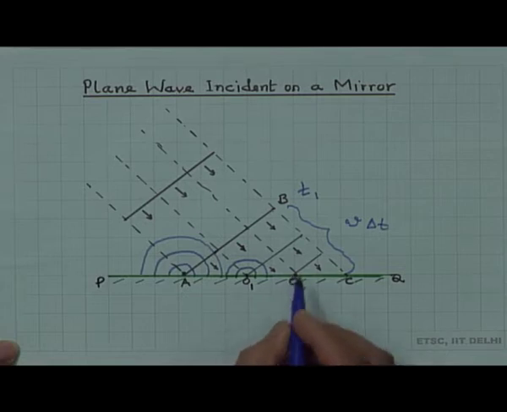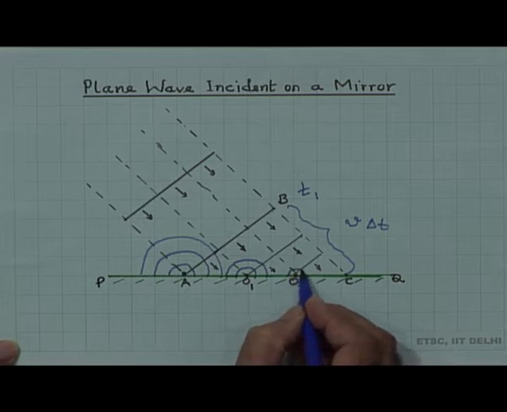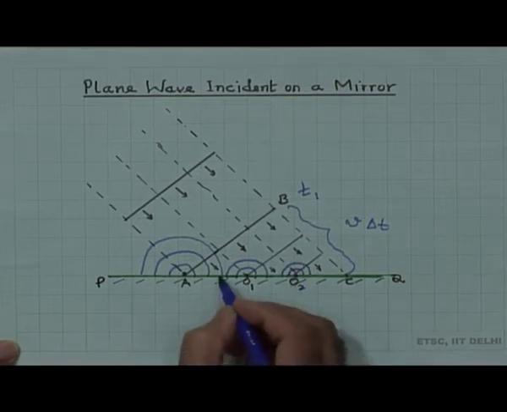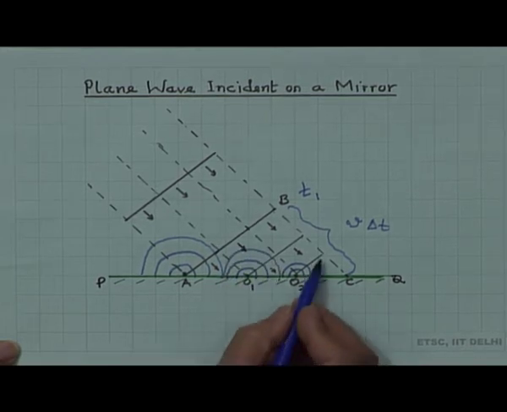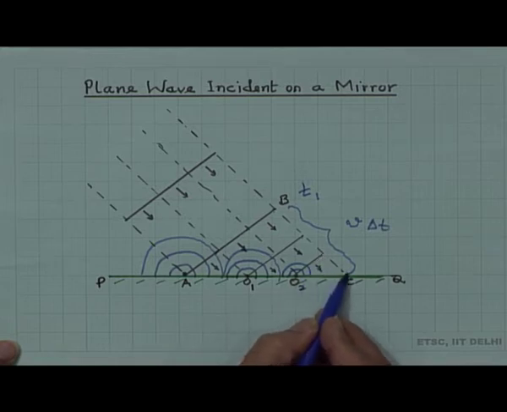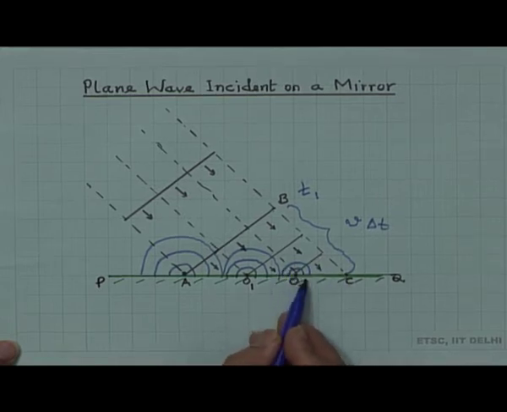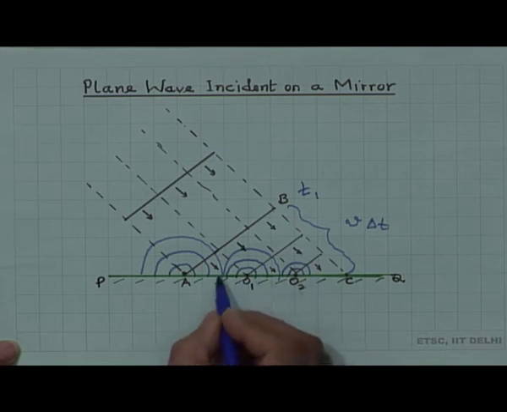O2 is another point which will start giving out secondary wavelets. So, this is the secondary wavelet. This keeps giving out secondary wavelets, and finally, when this end of the wavefront reaches here, this has already given out secondary wavelets.